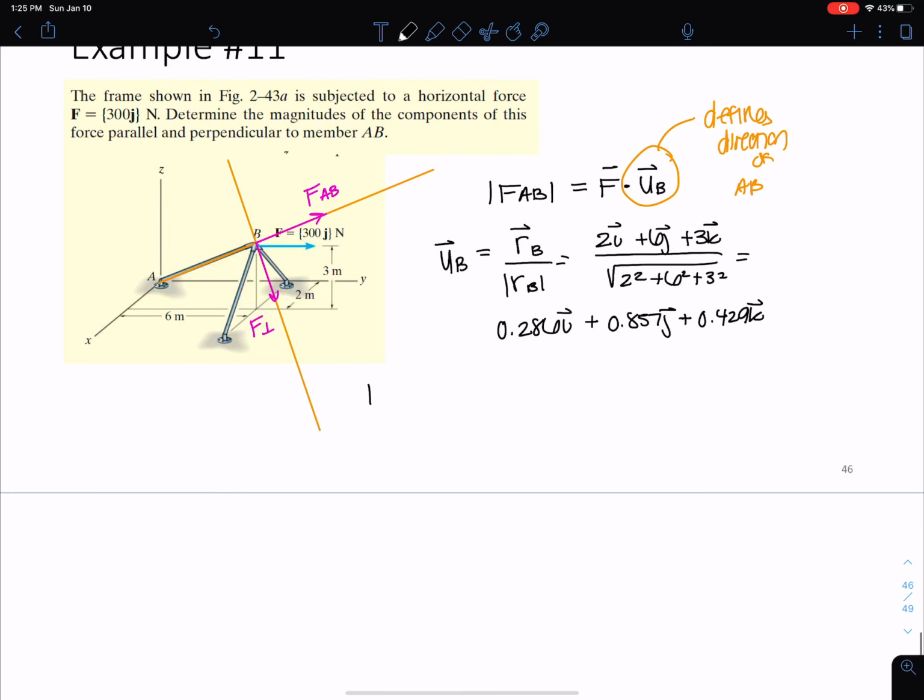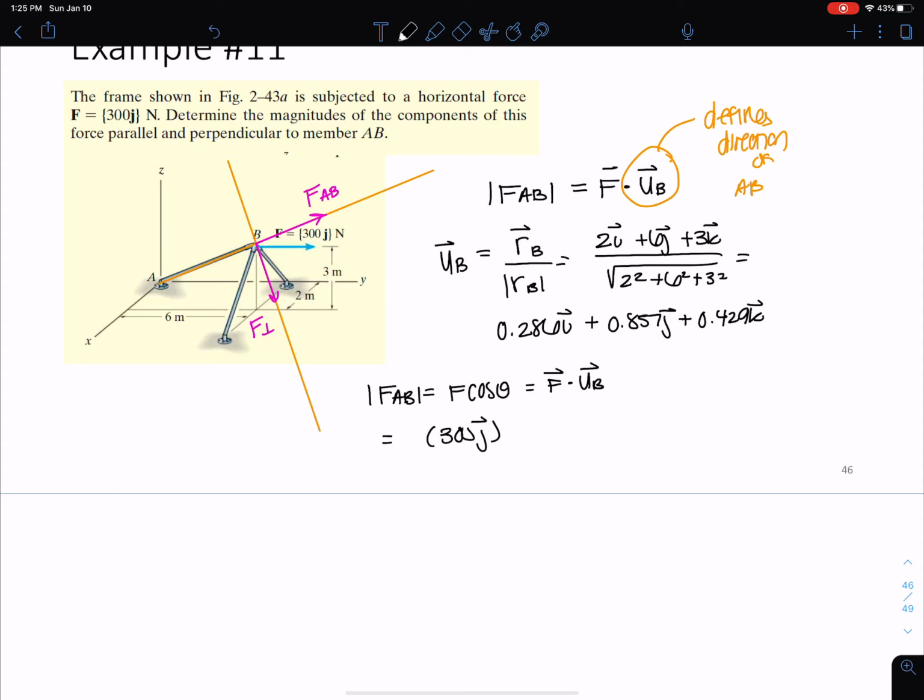Now I can actually solve for the magnitude of FAB, which is equal to F cosine theta, which is equal to F dot UB. Okay, so I'm just going to plug in now. What is F? It's 300 in the J direction. And I'm going to use the dot product here and put in my other vector.